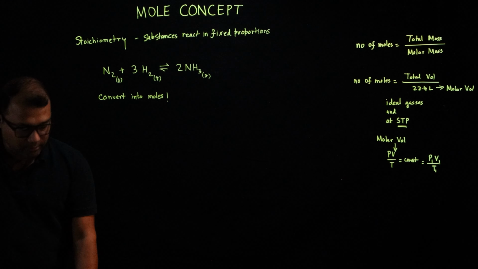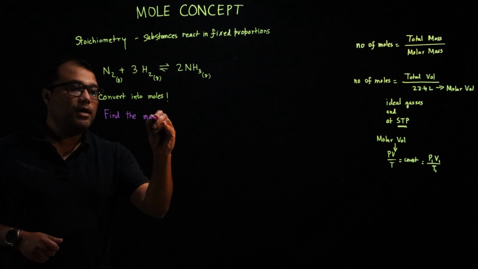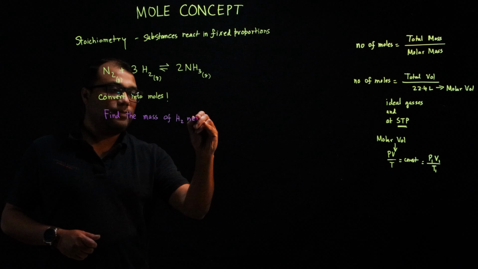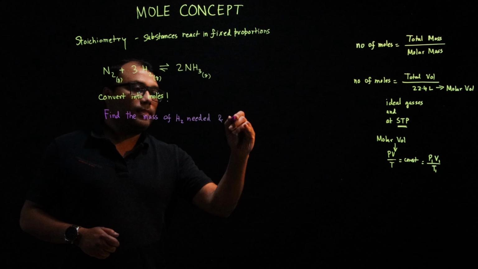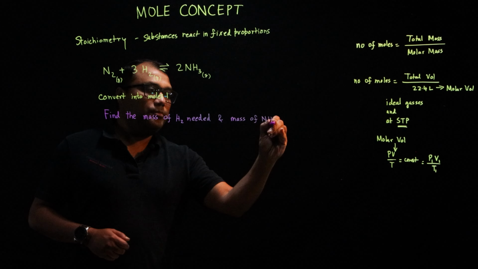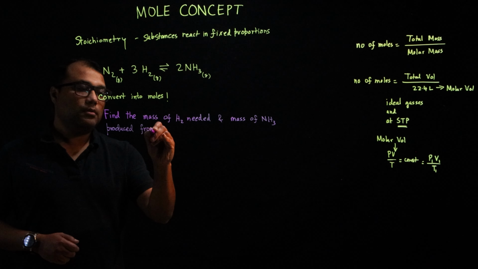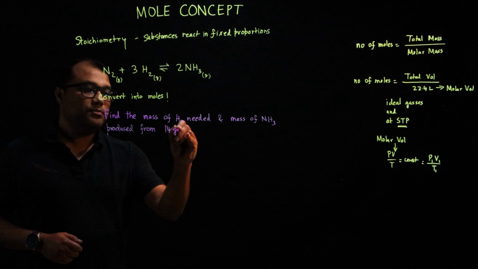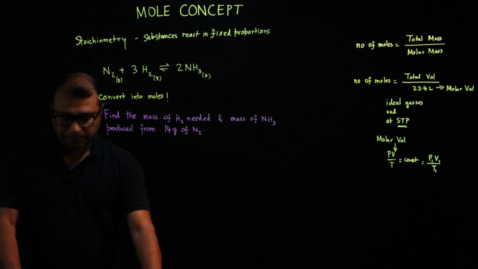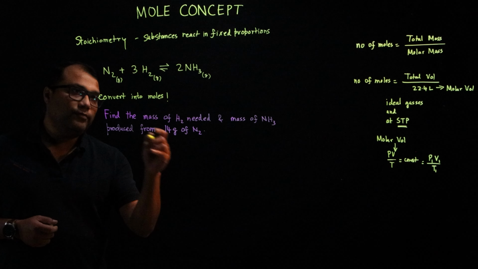Let's say the problem is to find the mass of hydrogen needed and the mass of ammonia produced from 14 grams of nitrogen. First thing is, how many moles of nitrogen gas are there?